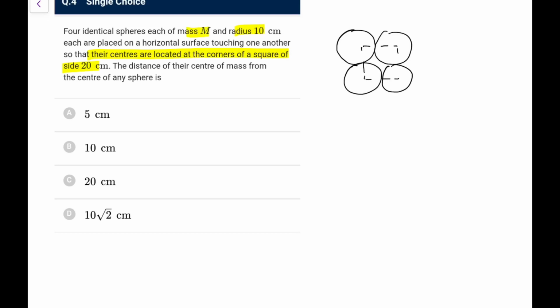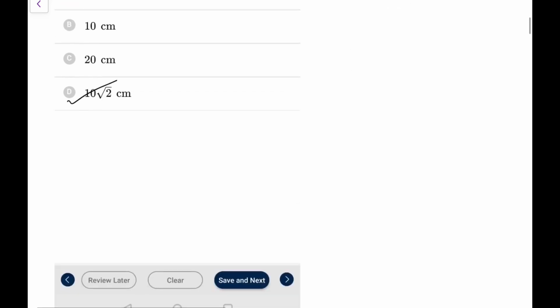You can directly make it out from the logic that CM will be at the center of the square. The side length a is equal to 2r, and this distance is a by root 2, that is 2r by root 2. So you can write it as root 2 r, which means 10 root 2 centimeters. You can directly do this by simple geometry.